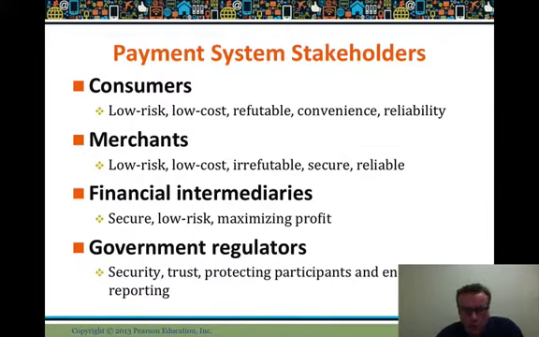The merchants actually want the transactions to be final, but unfortunately they have to take the burden of providing convenience to customers by allowing them to use credit cards, because customers demand it, plus the competition allows it also. But again, security and reliability are important factors for merchants. The intermediaries, the payment gateways, the clearinghouses also want security, but they also want to maximize their profit through transaction fees.